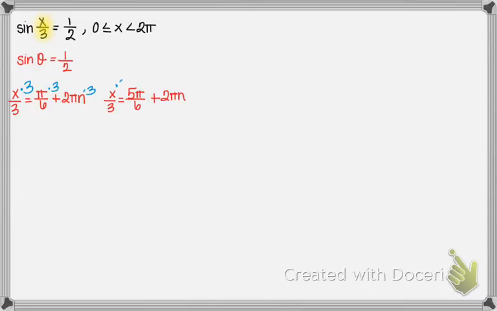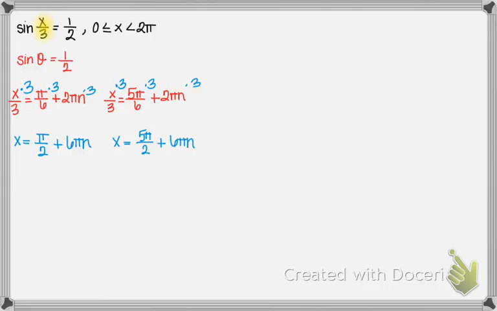We're going to do that to every single term. So for this one, we get x is equal to 3 over 6 reduces to 1 over 2, so we get pi halves plus 6 pi n, and we get x is equal to 5 pi halves plus 6 pi n.